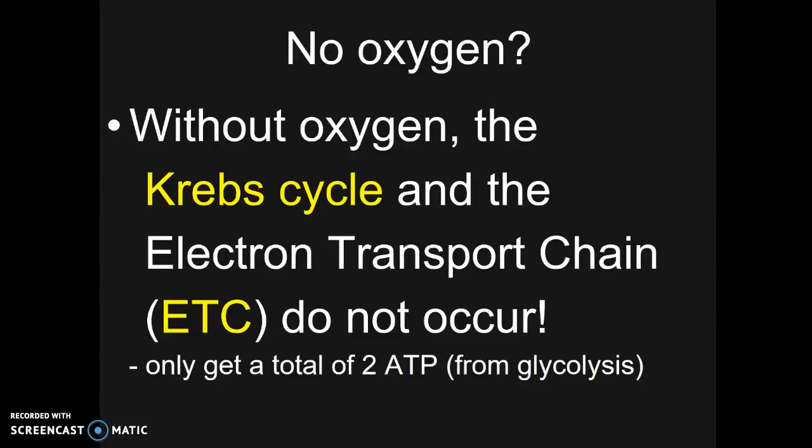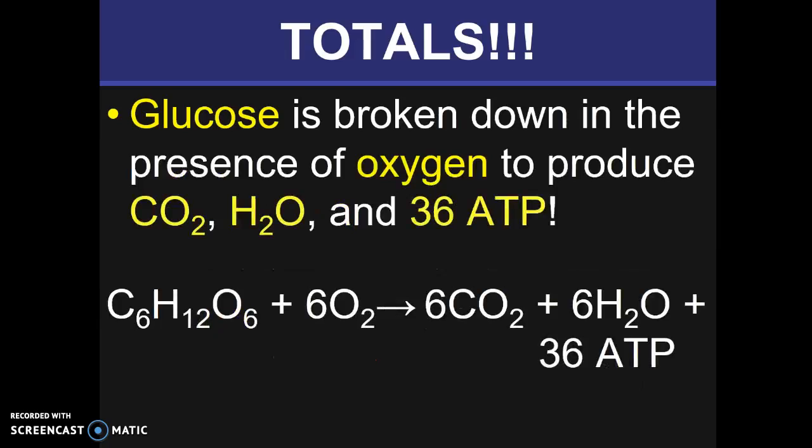But as far as aerobic respiration and having oxygen, we obviously want to do the one that's going to give us more ATP because we're getting more energy. Okay, and that leaves us with our equation. Glucose is broken down in the presence of oxygen to produce CO2, H2O, and 36 ATP.